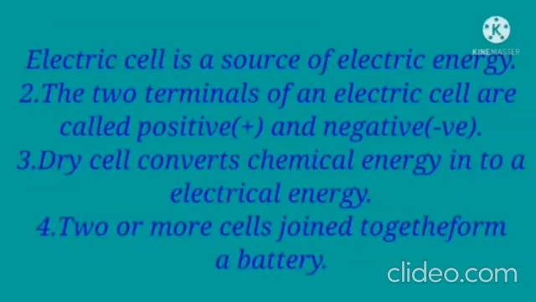The two terminals of an electric cell are called positive and negative. A dry cell converts chemical energy into electrical energy. Two or more cells joined together form a battery. Okay children, note down these points.